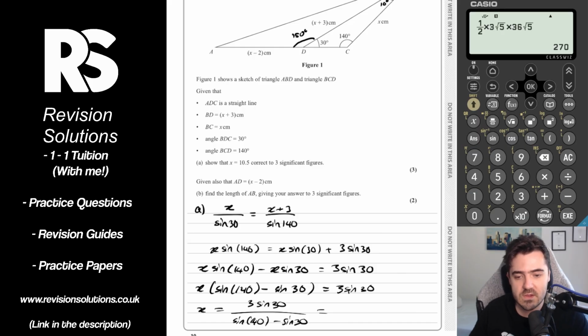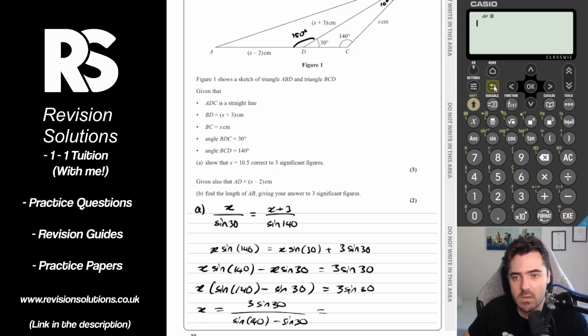Putting that in our calculator just to check it actually does come out correct. So fraction, we'd have 3. Oh, I'm in radians, let's fix that. Settings, calc settings, angle unit, degrees.